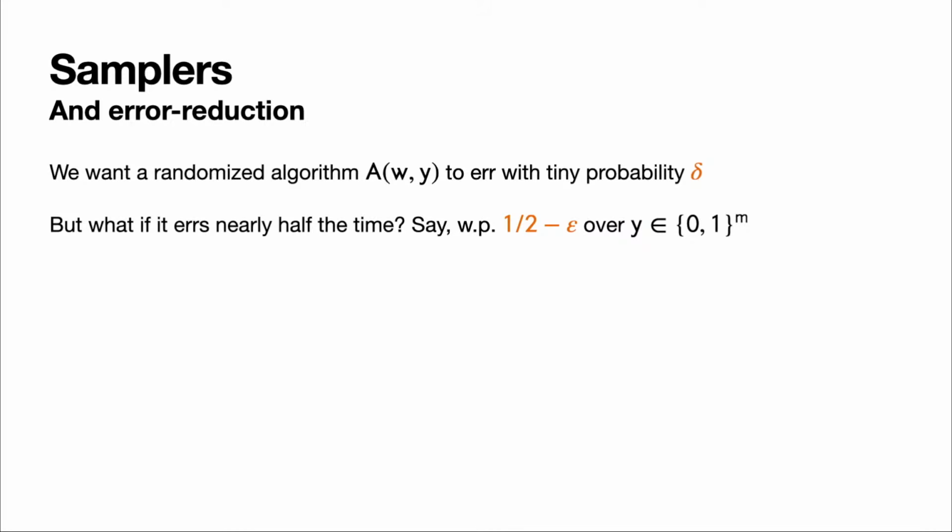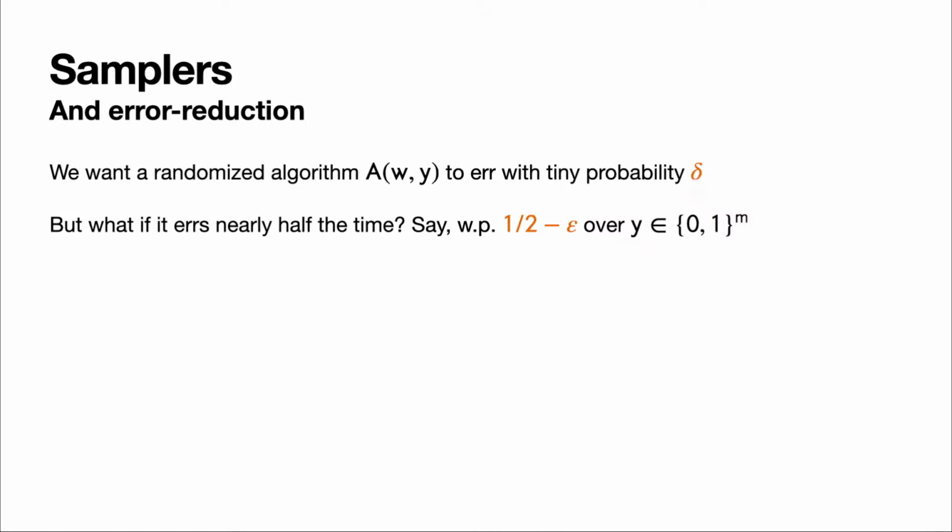Now, the actual last thing we're going to do, sorry about that, is to see how we can use samplers for error reduction of algorithms. So say you have a randomized algorithm. Now we don't want to derandomize it because we don't know anything about it. But let's say we want it to err very rarely, with probability delta.